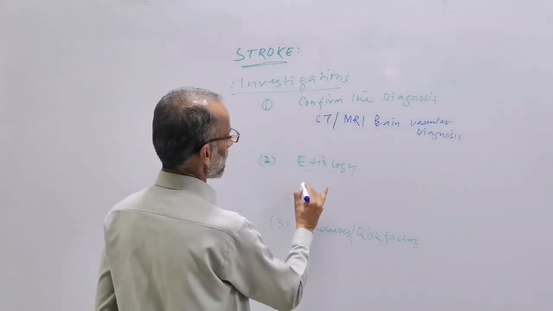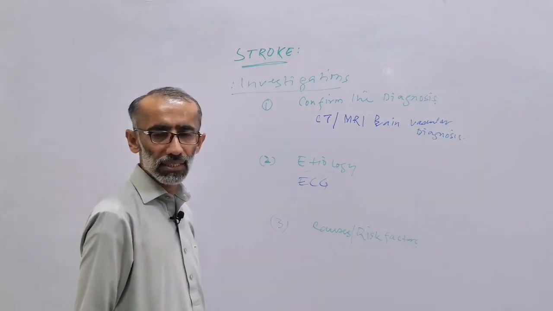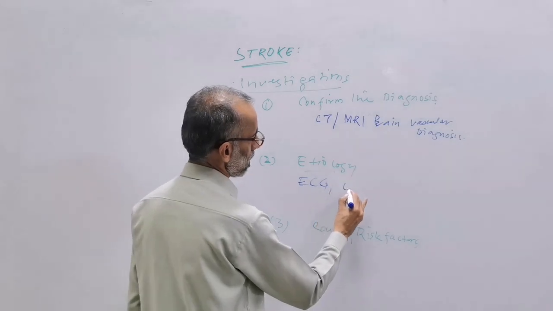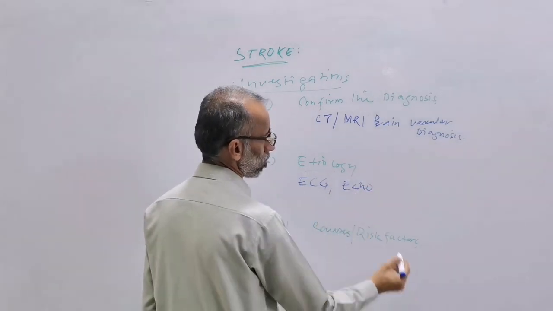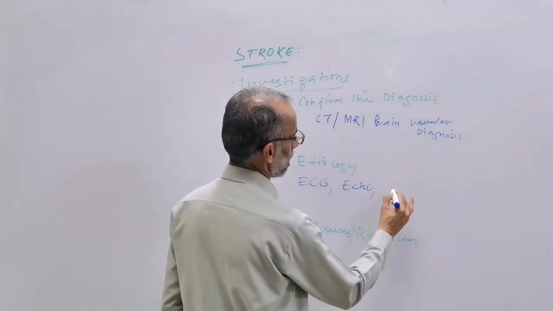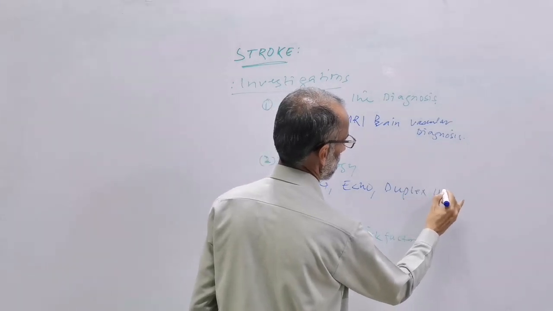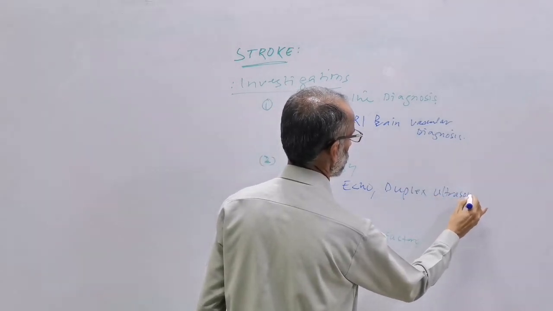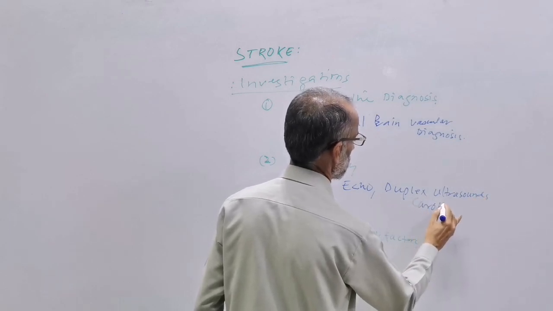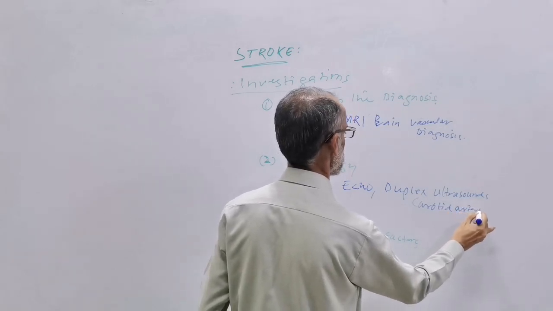To find out the etiology, we will do ECG to look for atrial fibrillation, echo to look for any cardiac disorder, and duplex ultrasound of carotid arteries.